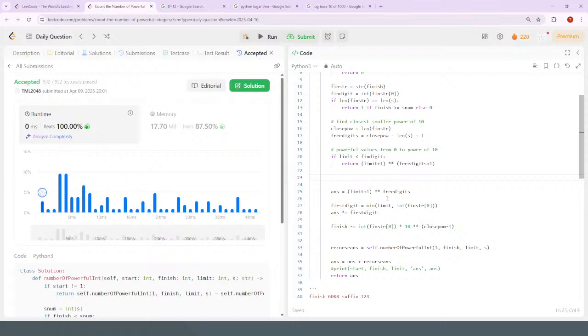Okay, so also here, this is your count of ways of using wild digits, not including or including first digit.